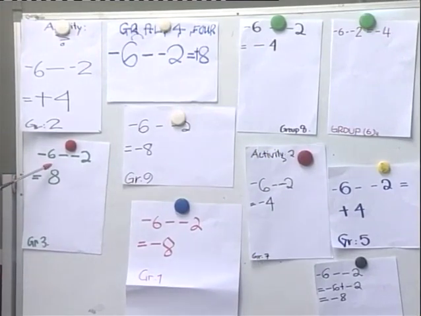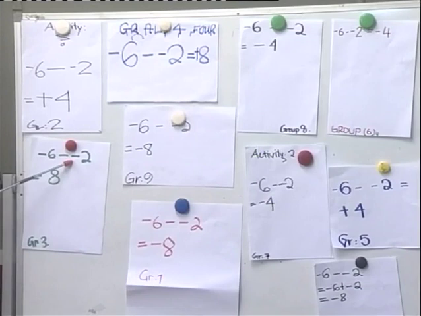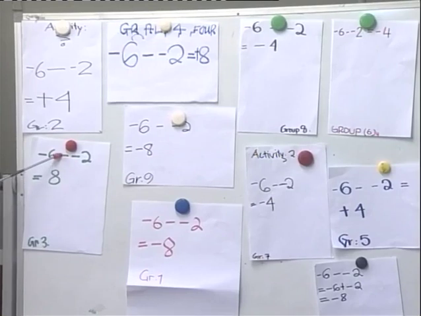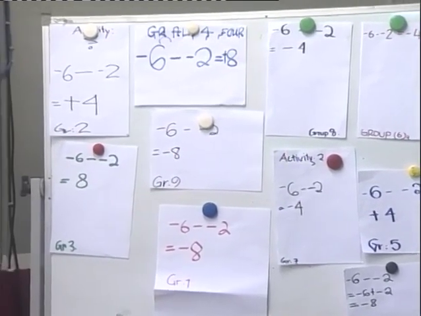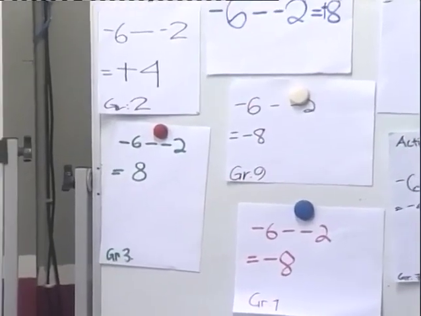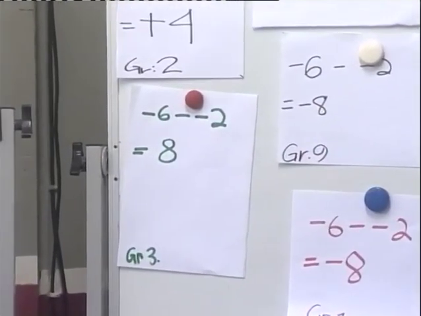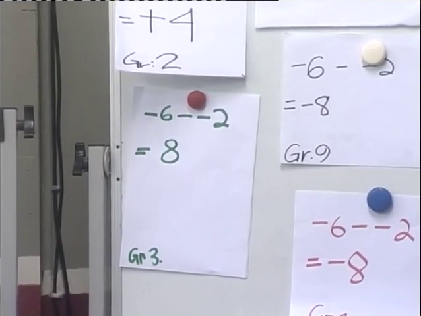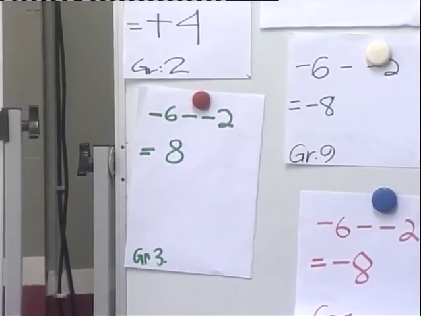So when subtracting a negative number, you add its opposite. Okay, that's the rule. So negative 6 plus 2, and you got 8. Okay, good.